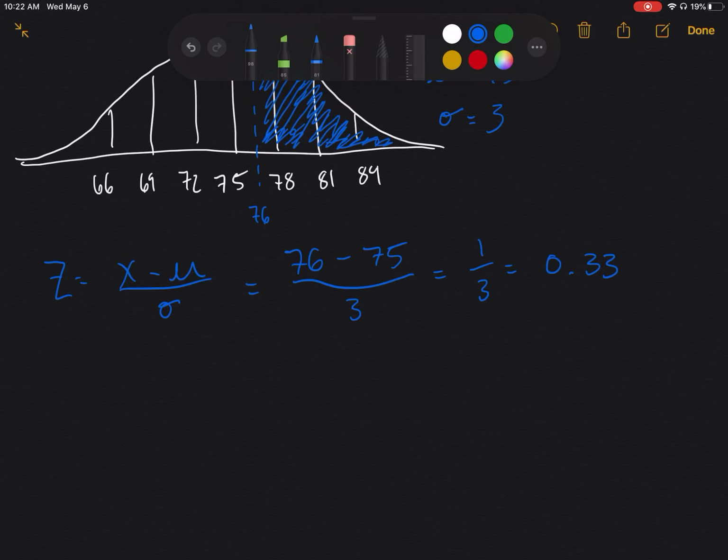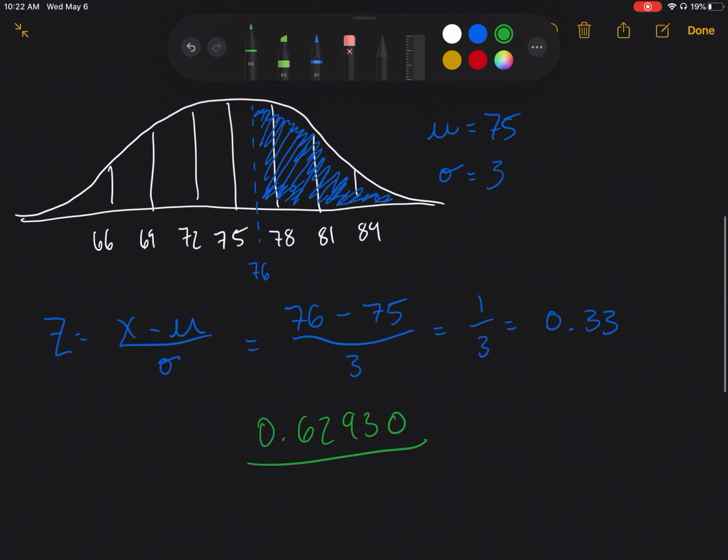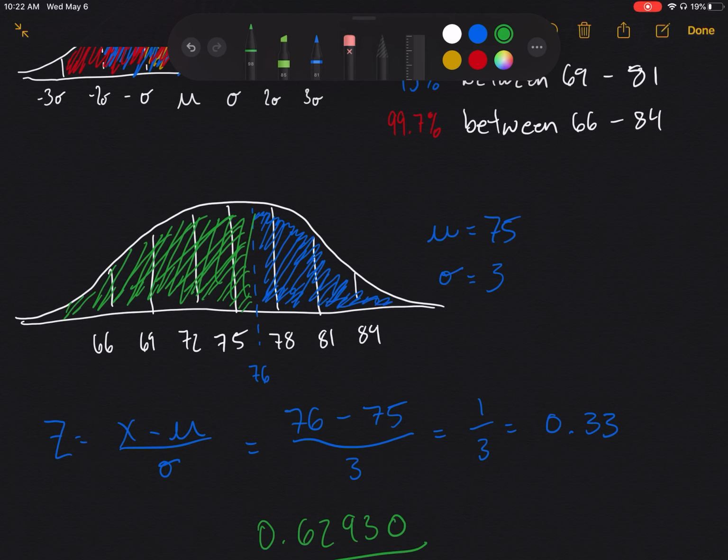Okay, so we've got 0.6293. That is the area below your z-score. A standard normal table always gives you the area below your z-score. Right, so that area here. Probability is always out of 1, so if I looked at the area under the entire curve, it's the total probability of anything happening.